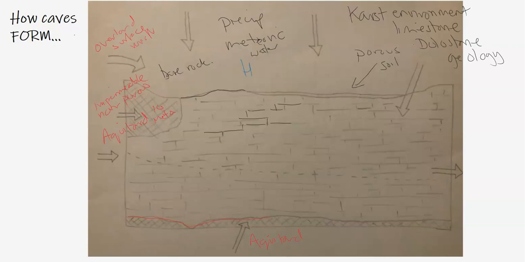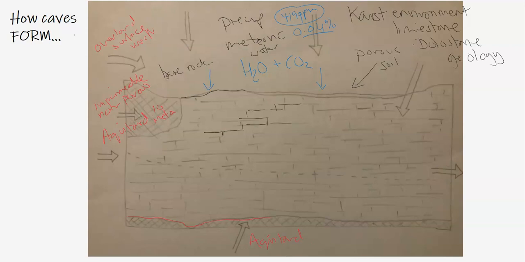So we have our water, and we have a little bit of CO2 in the atmosphere, about 419 parts per million currently, which is 0.04%. Okay, so that small amount of CO2 can combine with the water and fall as rain, and it can fall on the soil or straight onto the bare rock, either one.